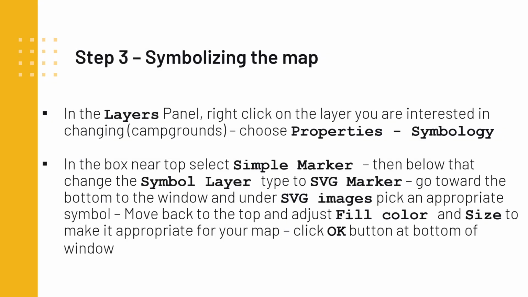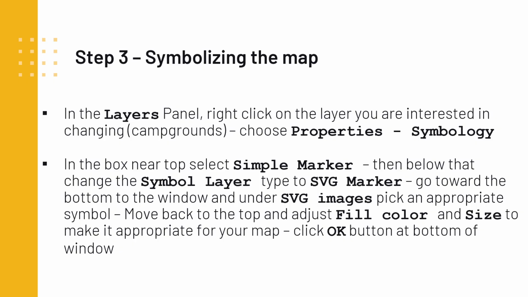So step 3 involves symbolizing the map so that it makes sense. So in that layers panel on the left side, you're going to right click on the layer you're interested in changing the symbol for. In our case, it's going to be campgrounds. This is going to bring up a pop-up. Choose the properties option and then symbology. In the box near the top of this new window, select Simple Marker.